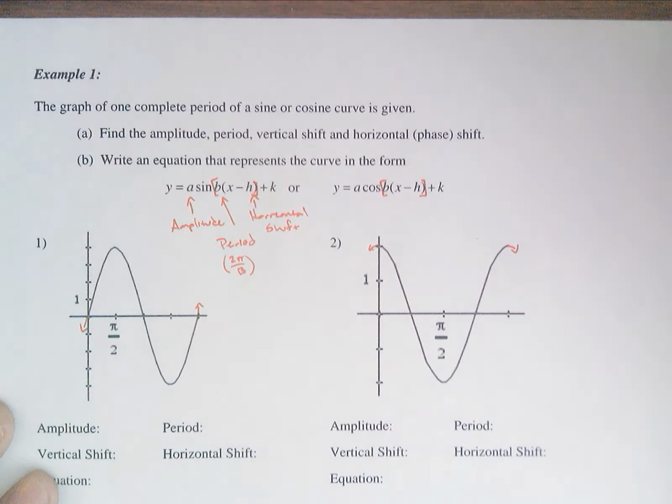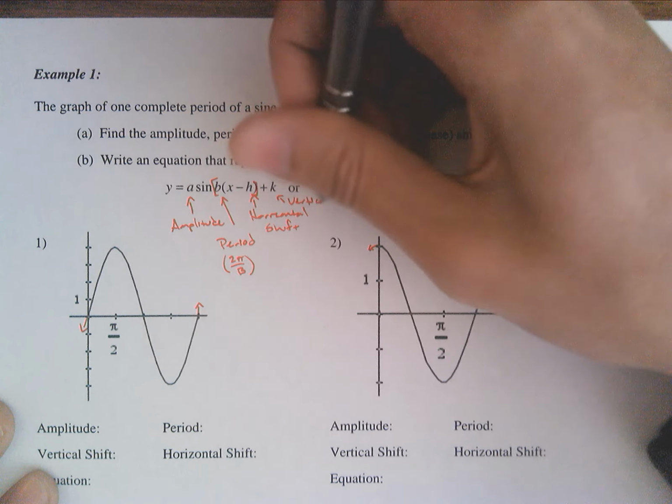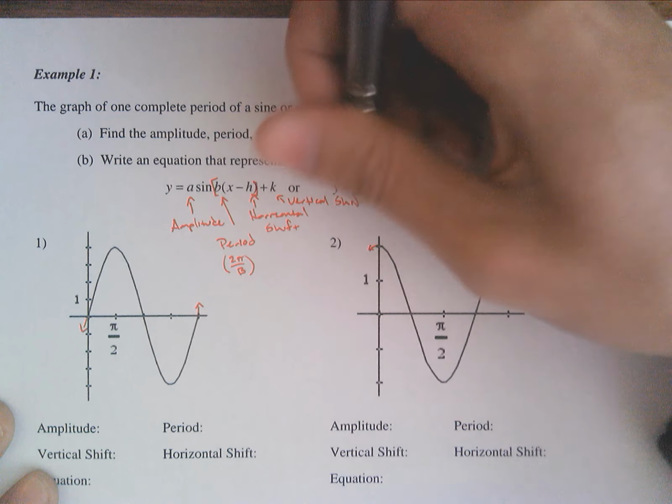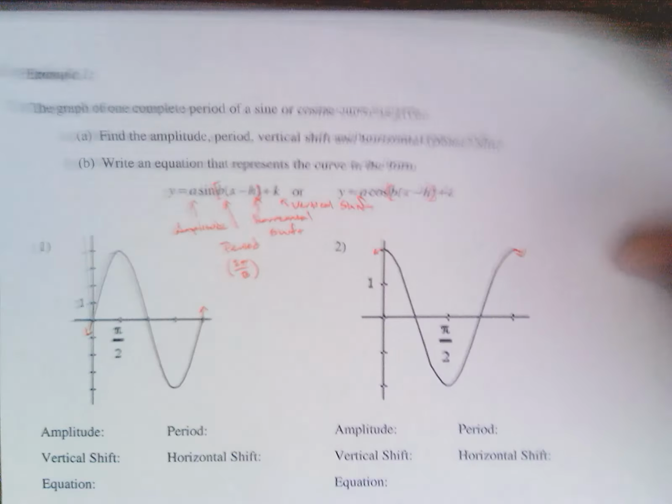And then at the end, the plus k is our vertical shift. That's true for both sine and cosine. So a represents our amplitude, b helps us find our period, h is our horizontal shift, and k is our vertical shift. So using those transformations, let's go ahead and write the equation given one cycle of the graph.